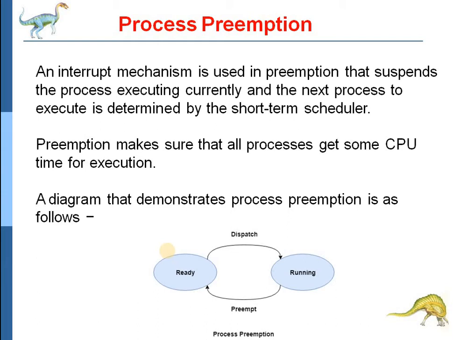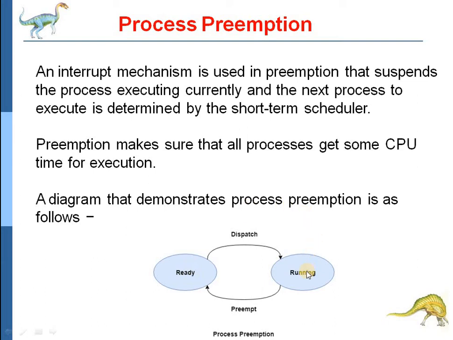This means that when newly created processes are admitted into the system, they change their state from new to ready state. Here there are two ways. The processes in the ready state are dispatched into running.